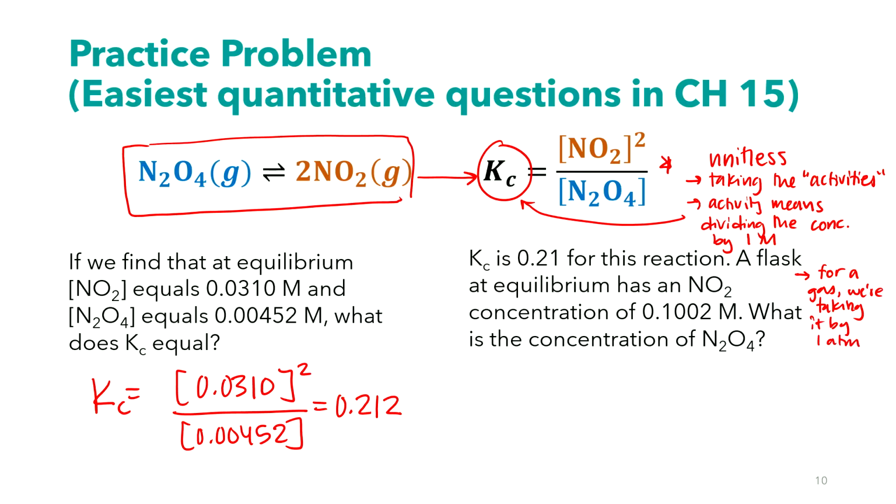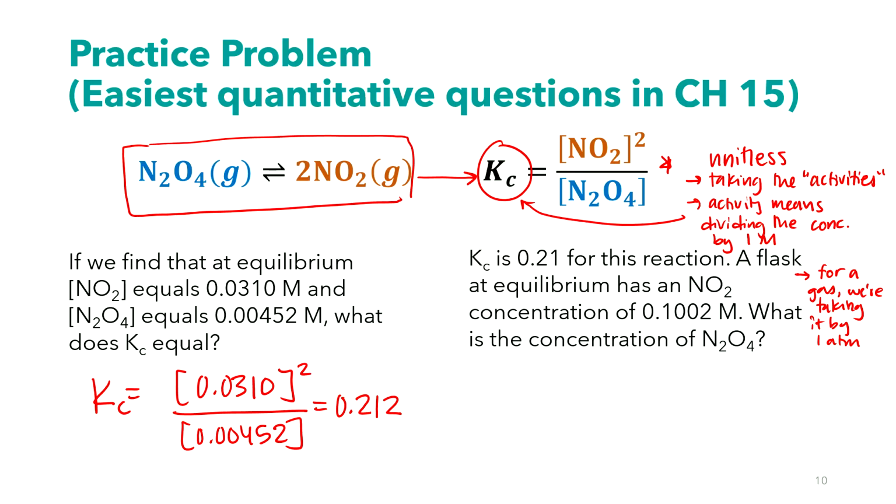So again, we just drop out the units and leave it as a numerical value, which is why I can then report that Kc is equal to 0.212, period, not 0.212 molar. All right? This will also help us when we look at solids and liquids, but for now, I just need you to believe me that you don't need to report units for Ks.